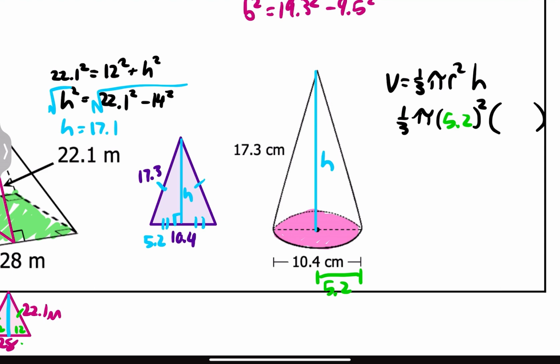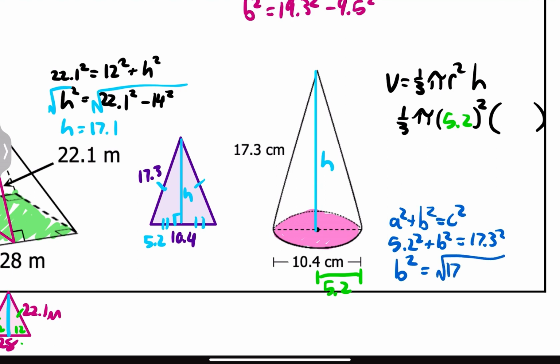So we're going to need Pythagorean theorem again. And we are going to have a squared plus b squared equals c squared. 5.2 squared plus b squared equals 17.3 squared. B squared equals, let's see, square root of 17.3 squared minus 5.2 squared.